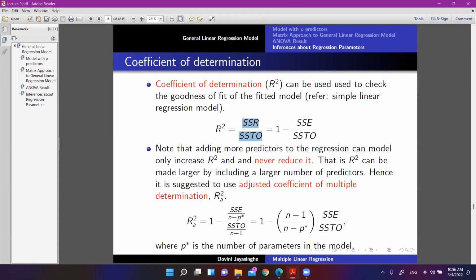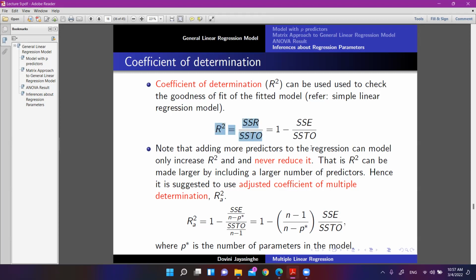That is the idea, right? That is why you are getting the ratio between SSR and SSTO, out of total, the sum of squares of regression, right? You can either keep it as a decimal or multiply this by 100% and have it as a percentage, right? But when it comes to multiple linear regression, you cannot compute R squared like this.